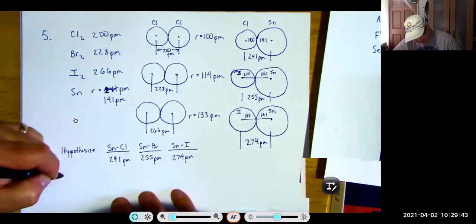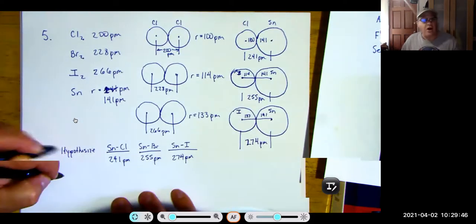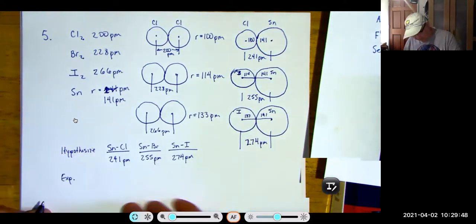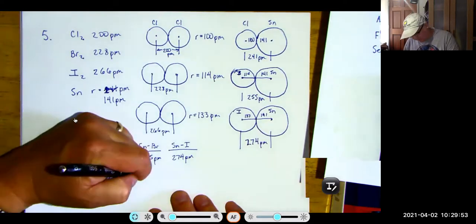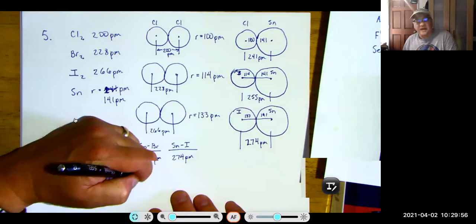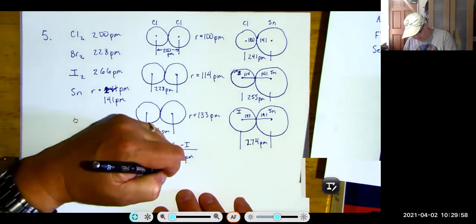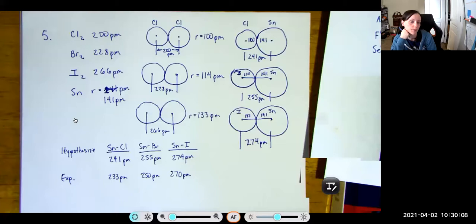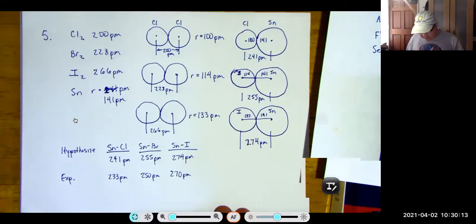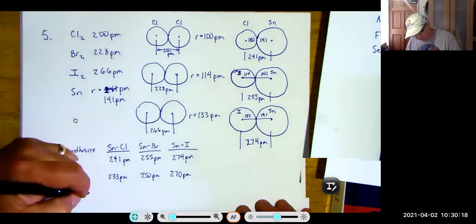Now, the experimental values are 233, 250, and 270 picometers. So what would be your comment when we compare them? The experimental value is actually smaller. Okay, so the experimental value is smaller.